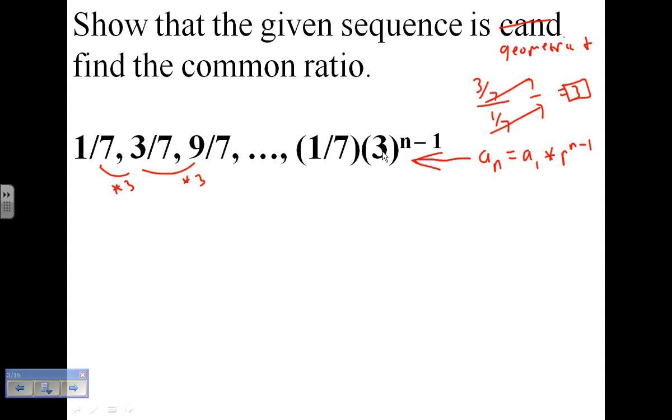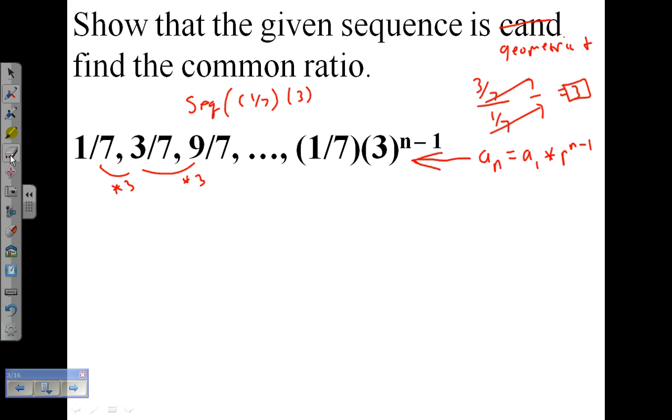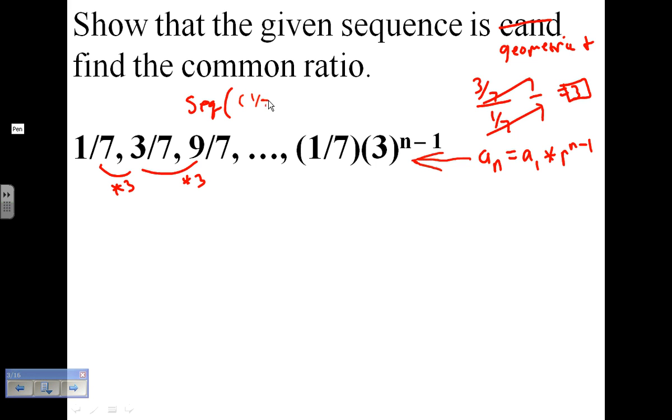When you put this in the calculator under sequence, you remember the whole sequence thing we had? You can go to sequence, and you can type in parentheses 1/7, and then 3. And remember, you don't need a parentheses around the 3. And remember, when you do this, 1/7 times 3 caret to the x minus 1.